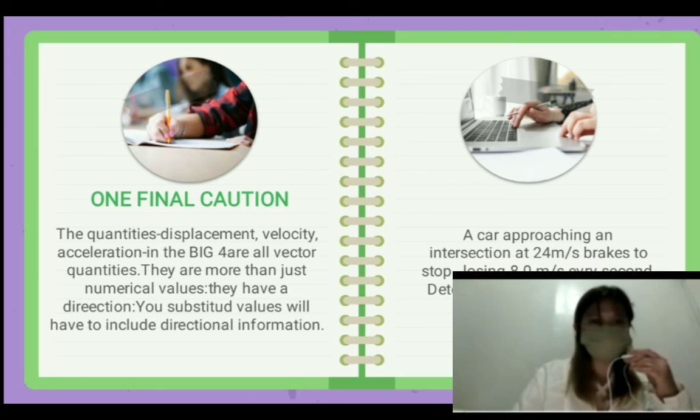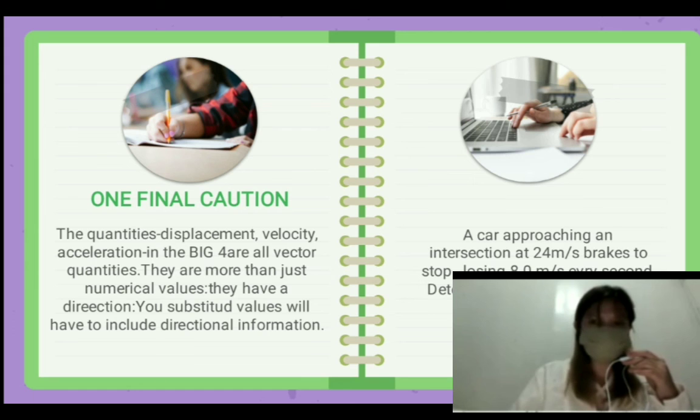For instance, here you see that the car is approaching an intersection at 24 meters per second, and it brakes to a stop, so I know an original velocity and I know a final velocity, and I'm told that the car is losing 8 meters per second every second. Determine the braking distance.